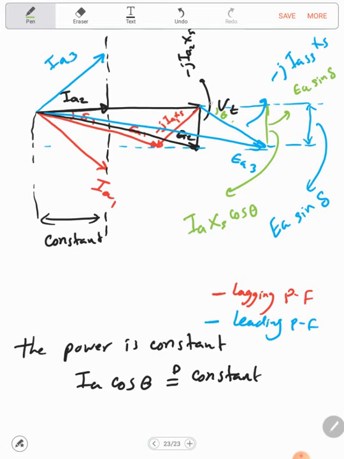Now this is the line here, so this will be theta.